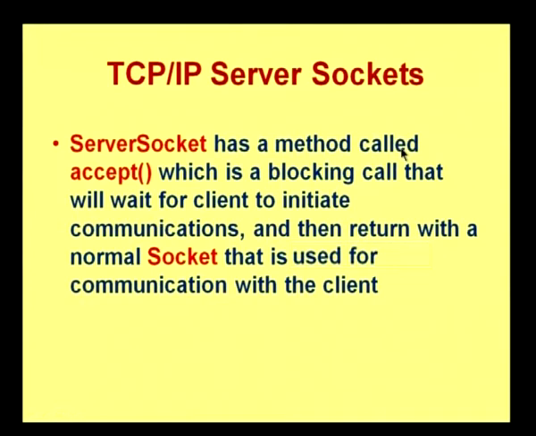Now your server socket has a method called accept, which is a blocking call that will wait for the client to initiate a communication and then return with a normal socket that is used for communication with the client. So your server socket object could have a method called accept.